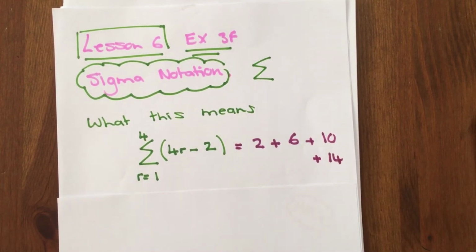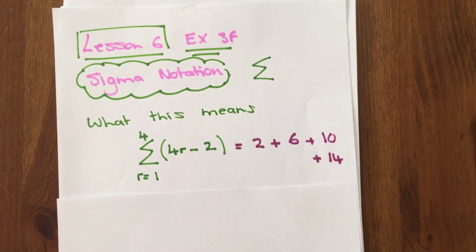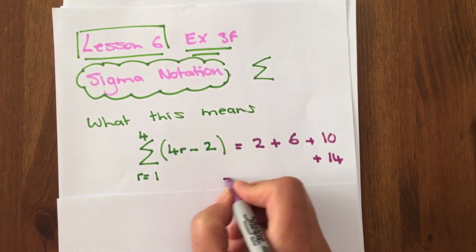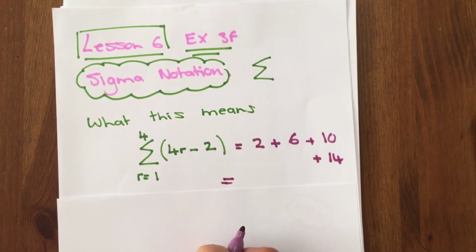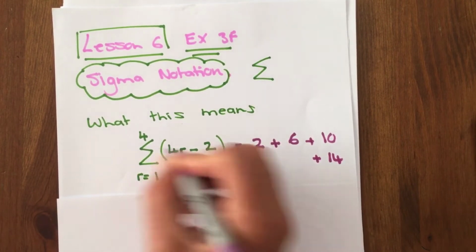So you would get this sequence of numbers. You can see it's an arithmetic progression. We're adding 4 from one term to the next. So you would just add all these up and you're going to get 32. That's what the answer would be.